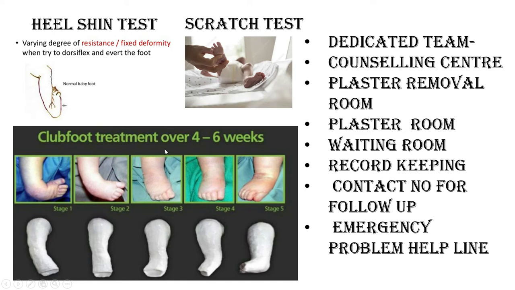So there will be a registry of that patient, and in the OPD ticket or his file, we have to put the data, and along with it the contact number for follow up also. It will help in our study purposes, and also in good record keeping.